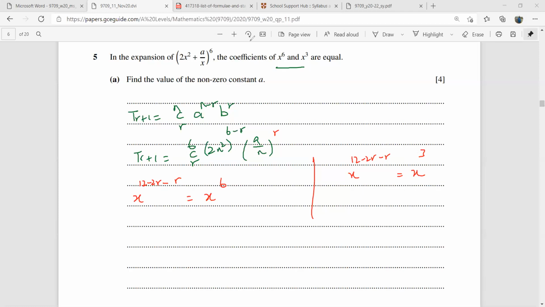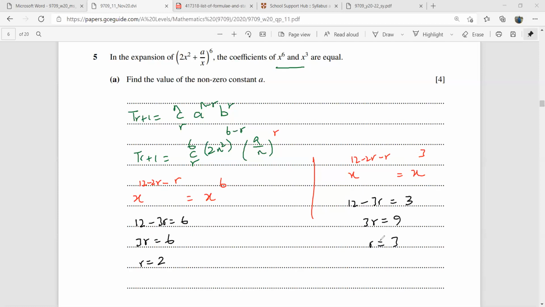So this gives me 12 minus 3r equal to 6, 3r equal to 6, and r equal to 2. And this gives me 12 minus 3r equal to 3, 3r equal to 9, and r equal to 3.